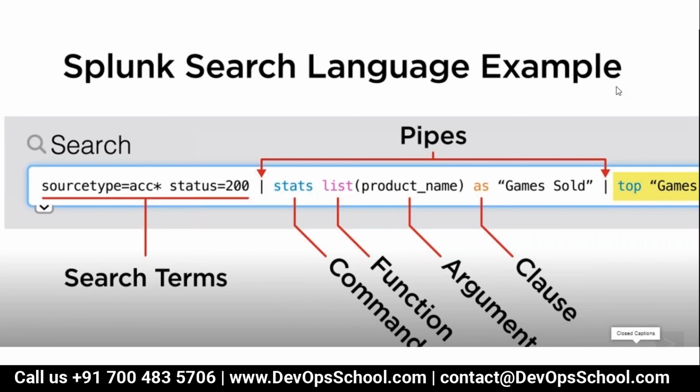So again, very simple rule, guys. In order to learn SPL, Splunk processing language: search term, pipe, command, function, argument, clause, pipe, command, function, argument, and clause. That's how it is.